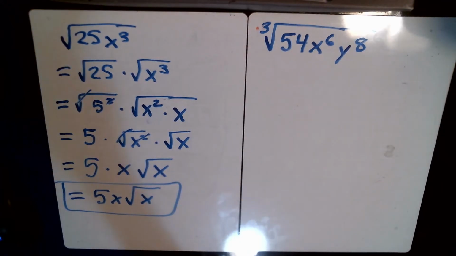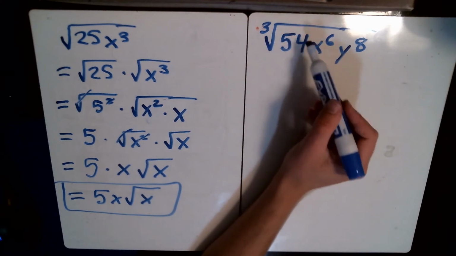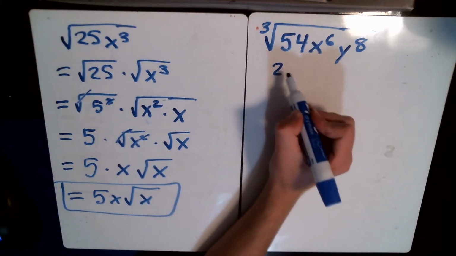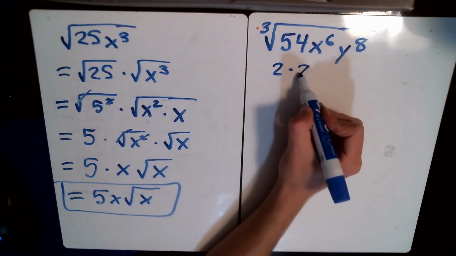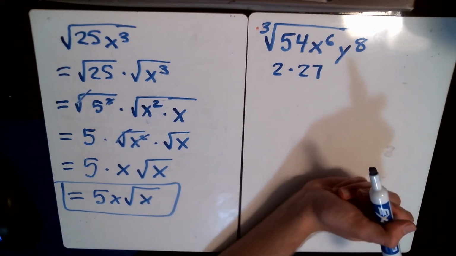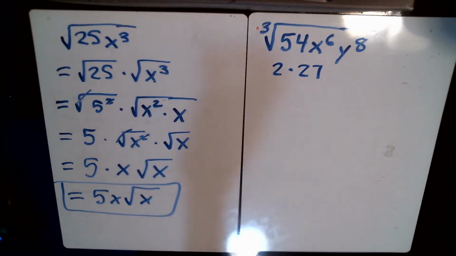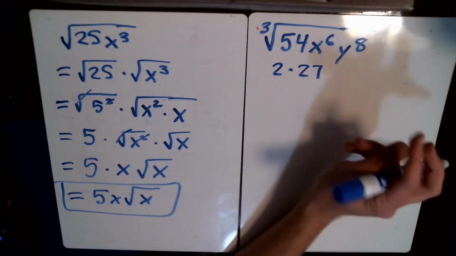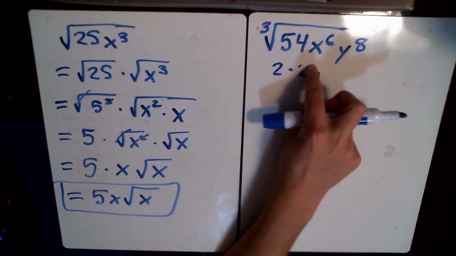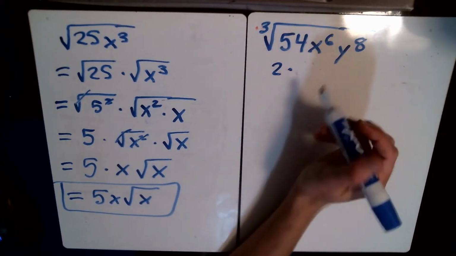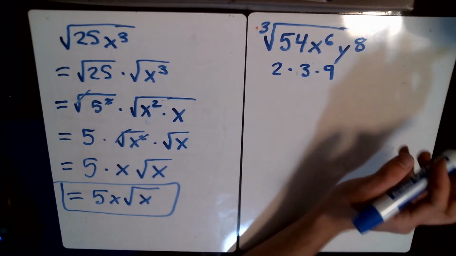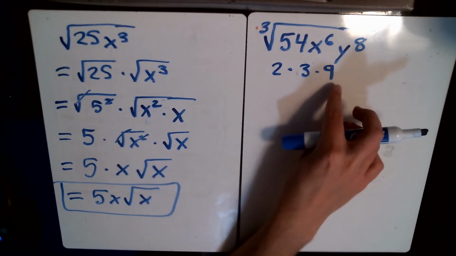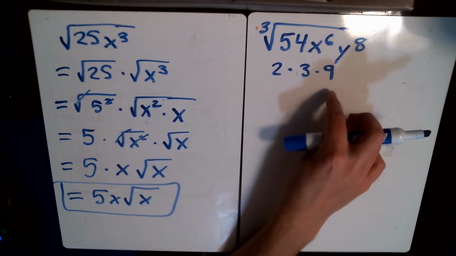Well, let's start by just factoring out. 54 is even, so 2 goes in there. So we can do 2 times, let's see, that would be 27, right? And then I could think, what goes into 27? Well, 3 does, right? 27 is 3 times 9. Okay. And I can think, what goes into 9?